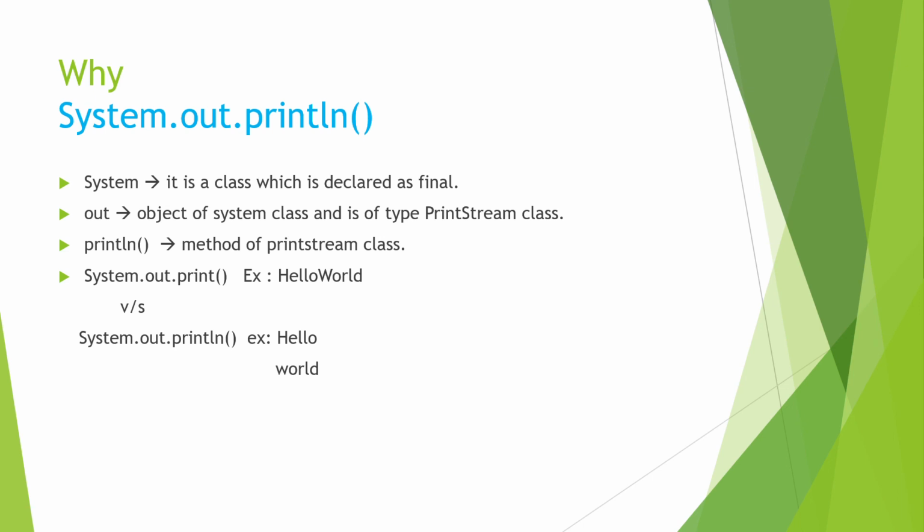From there, the next statement gets executed, and that is where world gets printed. That is how these two differ. If we want a new line, we can make use of system.out.println, or if we don't want one, we can make use of system.out.print. That is the basic difference between these two.